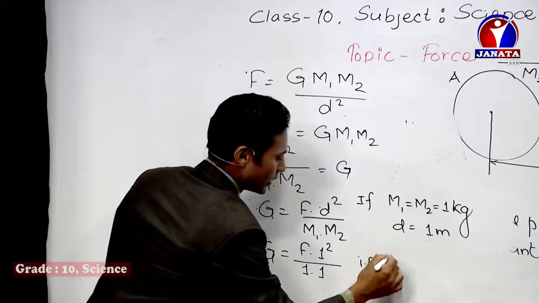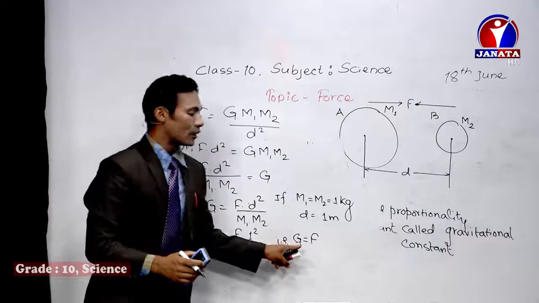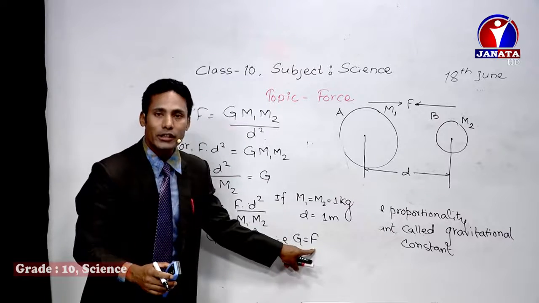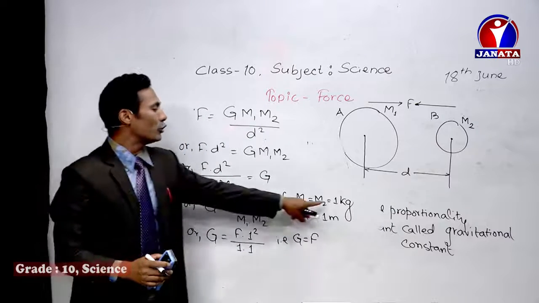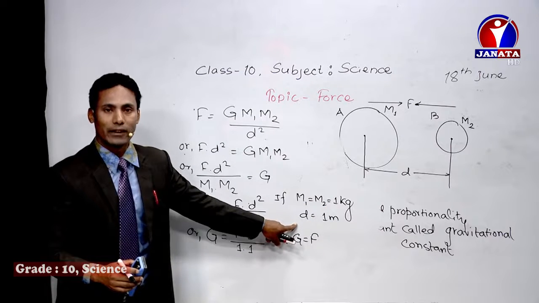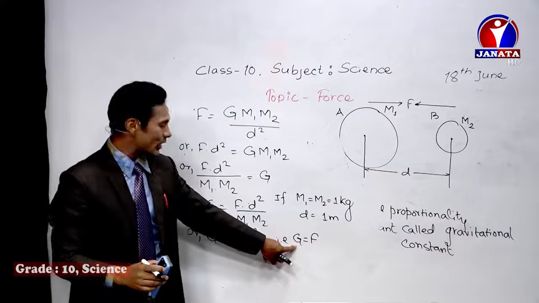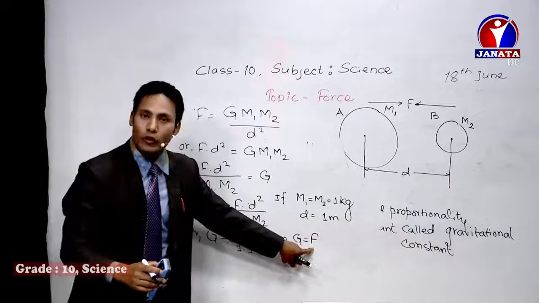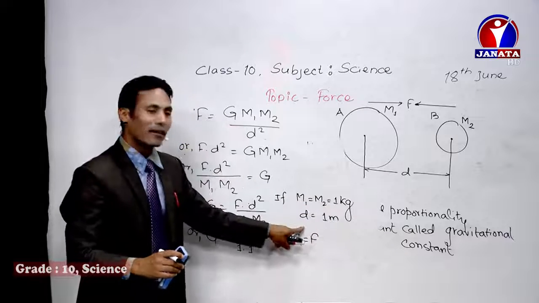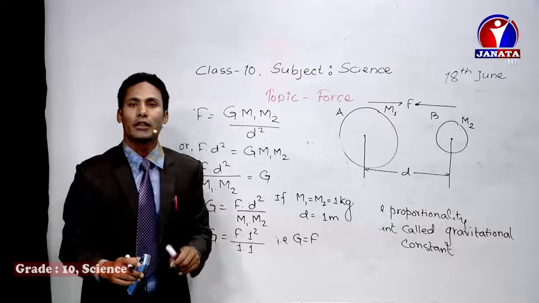That is G equals F. So the gravitational constant G can be defined as the gravitational force exerted between two unit masses separated by the unit distance. Clear? Let me explain once again. The gravitational constant G can be defined as the gravitational force exerted between two unit masses separated by the unit distance. That is the definition of the gravitational constant.